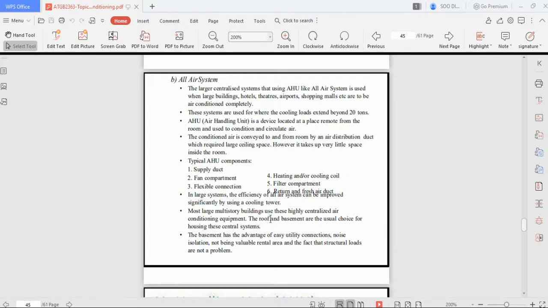So why do you want to put it on the roof? This is because you will be able to expel all the heat into the environment instead of having it trapped in the basement. You can have it in the basement, but one of the advantages of having it at the roof is nobody is going to use the roof if it's a commercial building, and you'll be able to expel all the heat and draw in the fresh air and push it into the room.